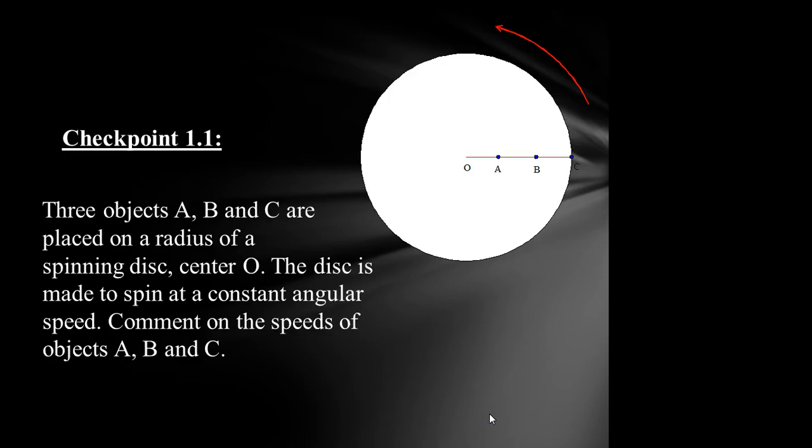So what's the relationship between the speeds of A, B, and C? Okay, which one's faster, which one's slower? You can check with your friends before I give you the answer. Imagine it like a CD, you know?